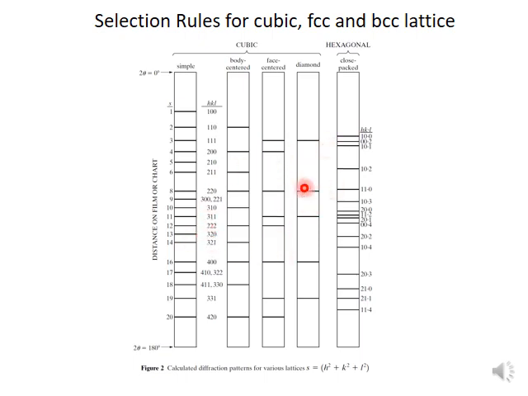So in the diffraction of, let's say, FCC, you would only see these particular lattice planes and not the others. These are important calculations because if you look at a diffraction pattern and see a specific lattice point missing, you can immediately identify what kind of crystal you are looking at.